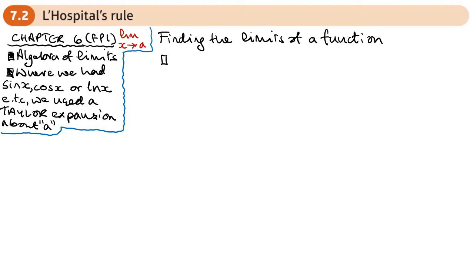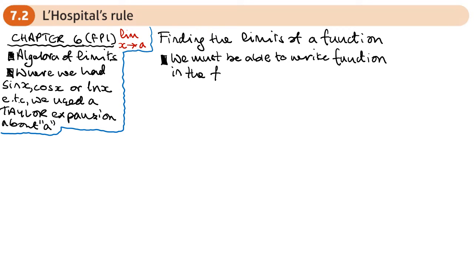Right, so the first thing a function must have is that we must be able to write the function in the form f of x over g of x. So we must be able to write it basically like a fraction. So that's the first feature a function must have.